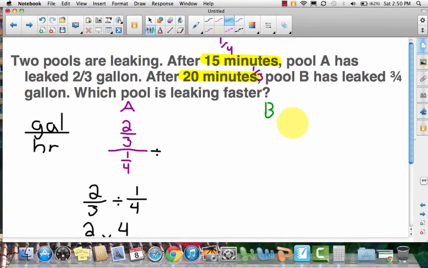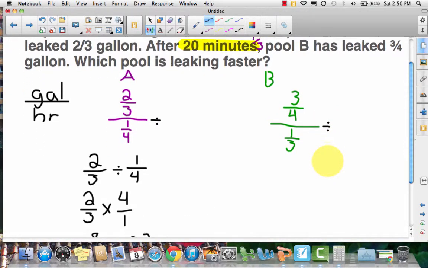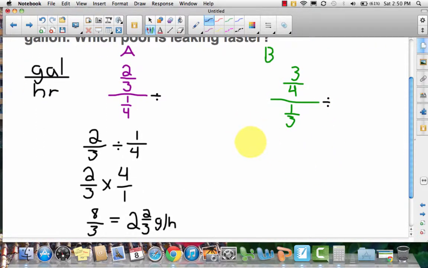So 3/4 goes with gallons, so that will be the numerator of my complex fraction, and 1/3 is my time, or my hours, so that's going to be the denominator of my fraction. And again, a complex fraction is just a fancy division problem, so this is really asking me, what's 3/4 divided by 1/3?